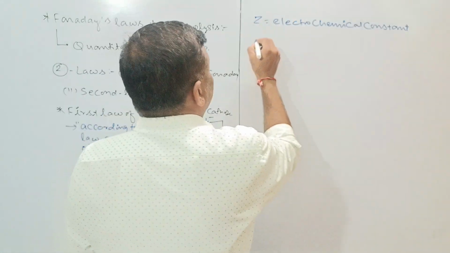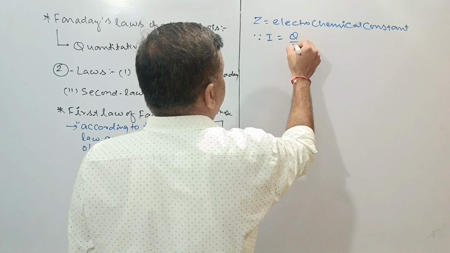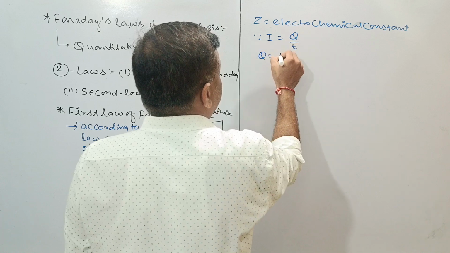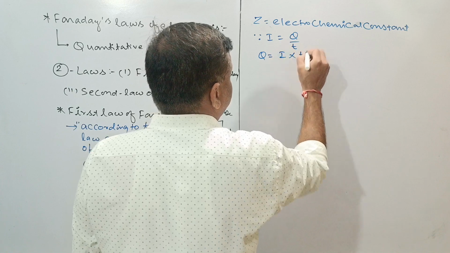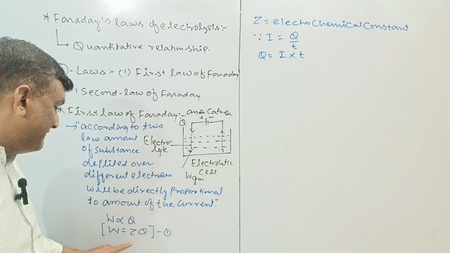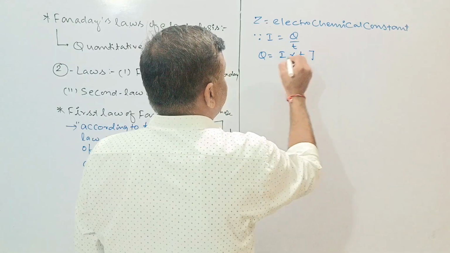If we'll go further, then as we all know, current I is equals to Q upon T, and Q is equals to I cross T. Then we'll keep the value of Q over here. This is your equation number second.